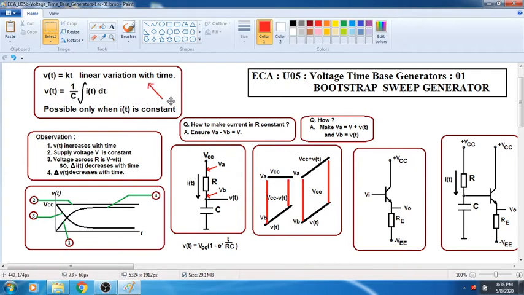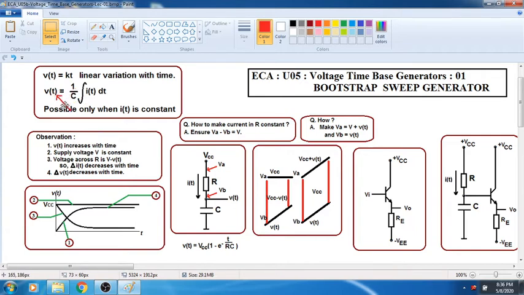Now, we know very well that there is an application using a capacitor wherein we can define the voltage current relationship in such a way that V(t) is equal to 1 by C integral i(t) dt. That means whatever may be the current, the integral of that current divided by the value of the capacitance will give me the time varying voltage.